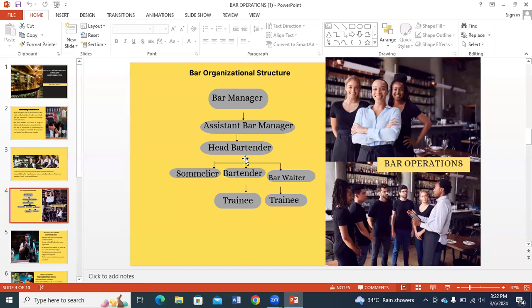Below the bartender and the bar waiter, there are trainees who are able to learn from their superiors and get to know how the job goes on in the real industry. Therefore, the trainees are trained by the bartender and the bar waiter on the various drinks that are to be served and how it should be done to the guests.